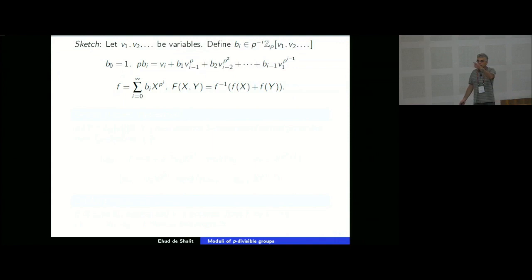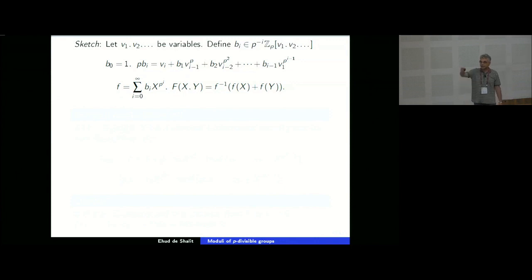We define iteratively polynomials BI, but they have denominators. They're in p to the minus I times ZP with the V's. BI involves only V1 up to VI. And the formula that defines them should remind you of formulas that appeared, or did not appear deliberately, in today's talk on Witt vectors, but these are very similar formulas.